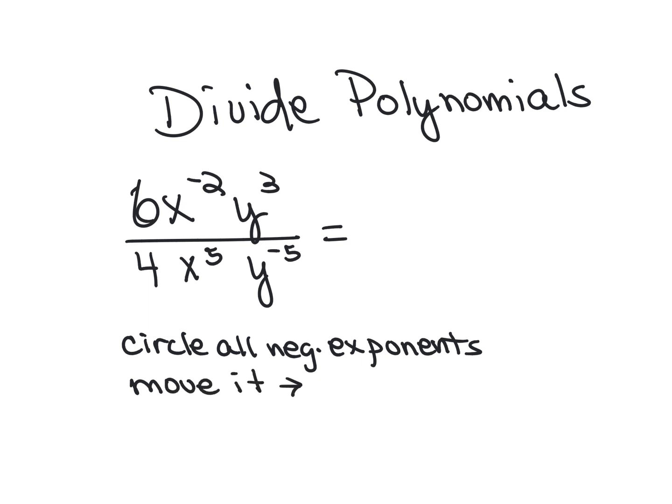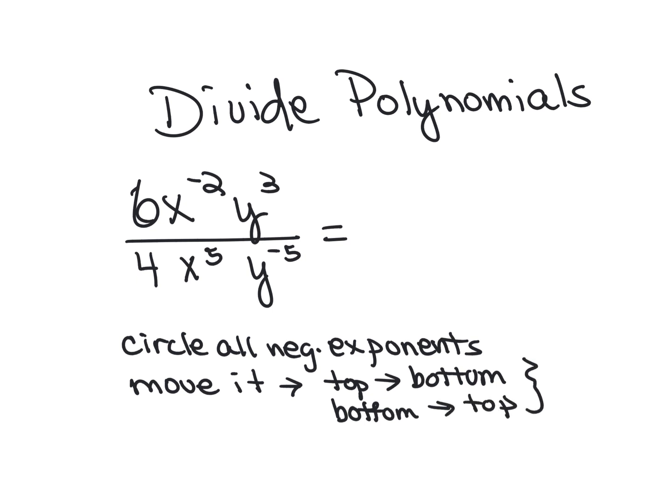And move it means if it is on top, it goes to the bottom. If it is on the bottom, it goes to the top. And at that point, the exponents are positive. Okay, and then you are going to simplify.